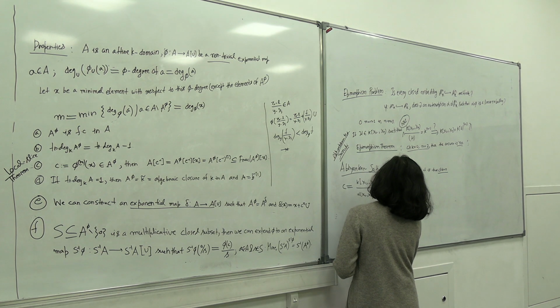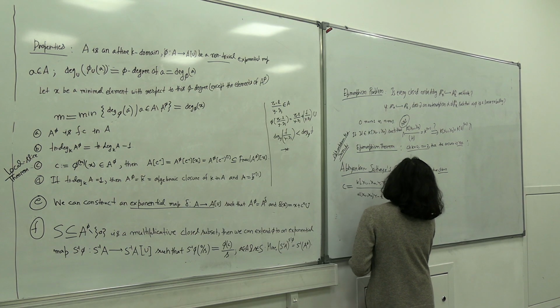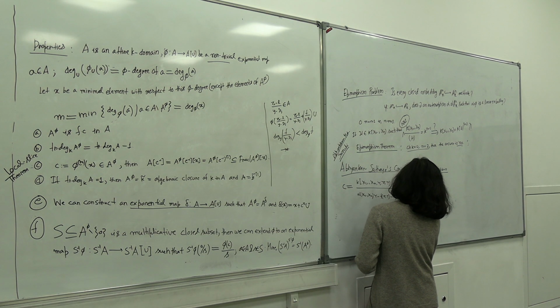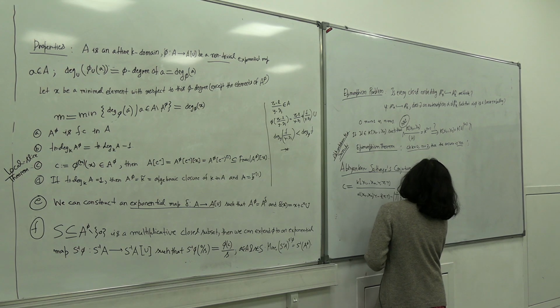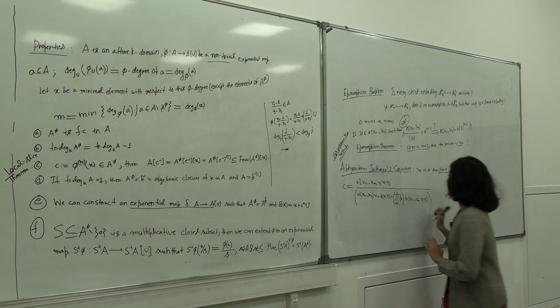y minus f(z,t) minus product of some primes. I will define it. H is a polynomial in x, z, t.